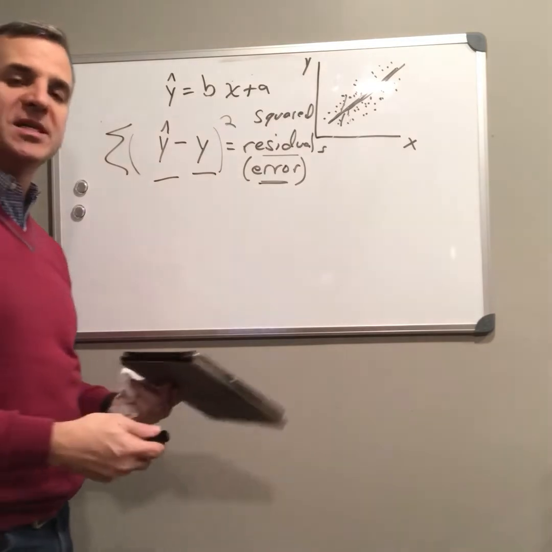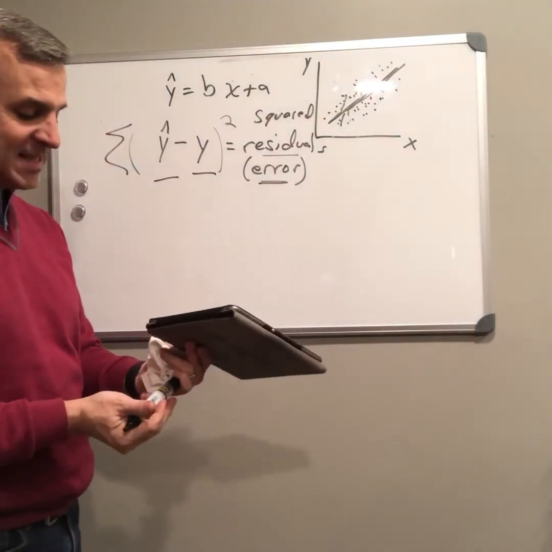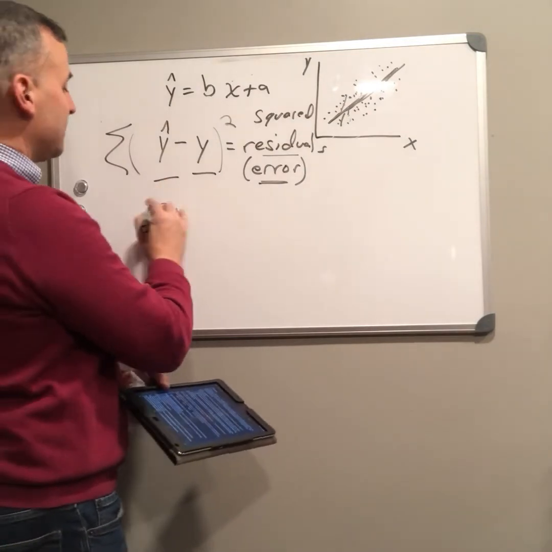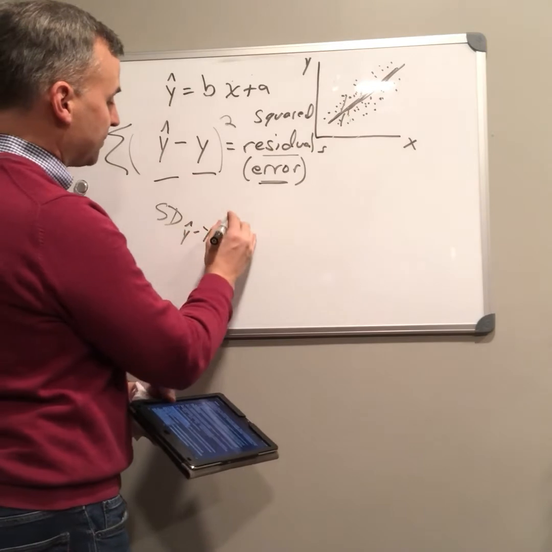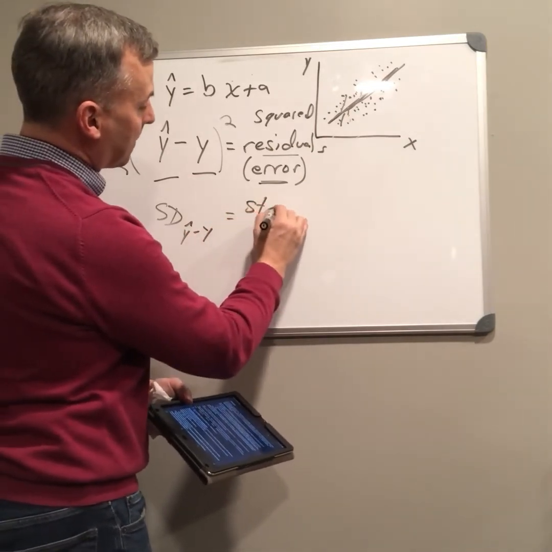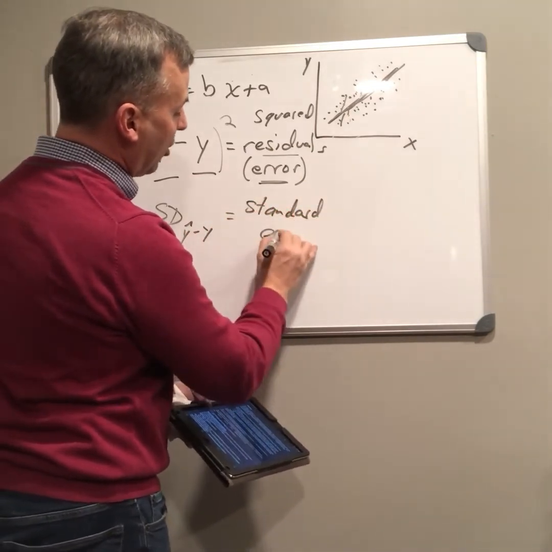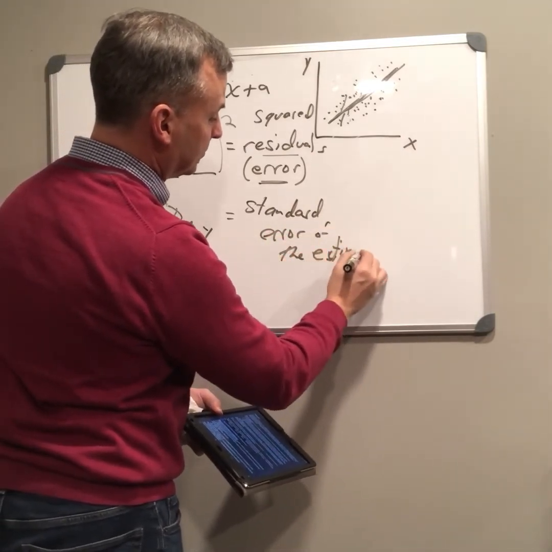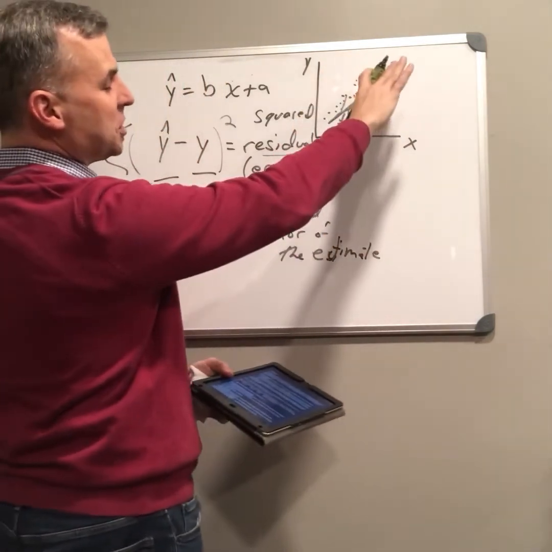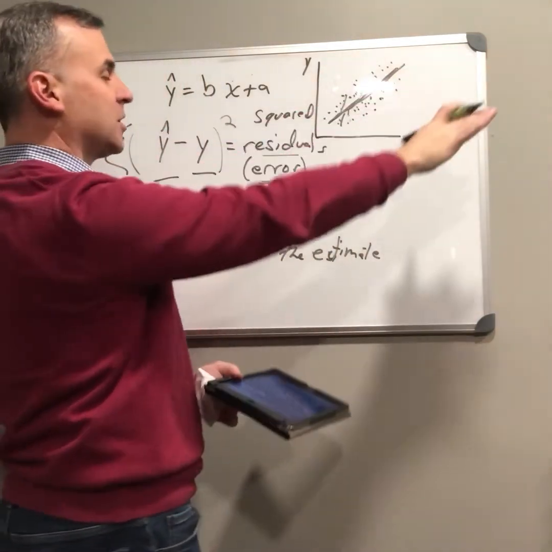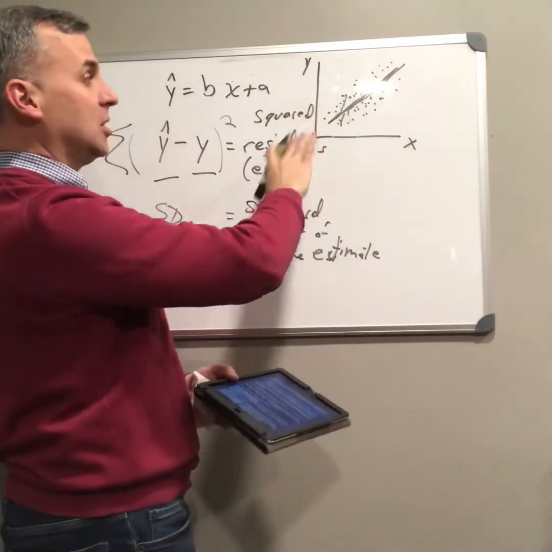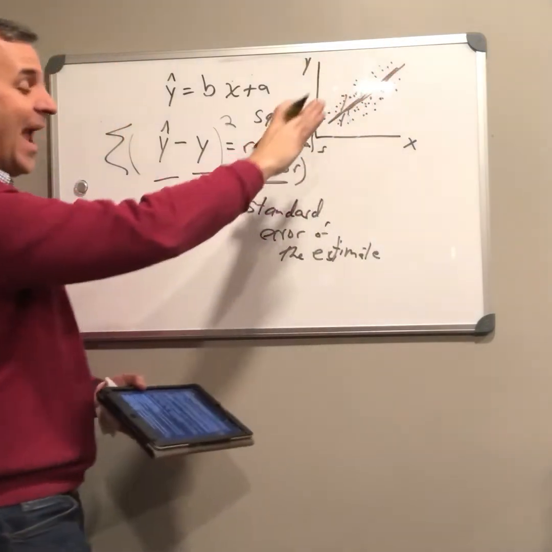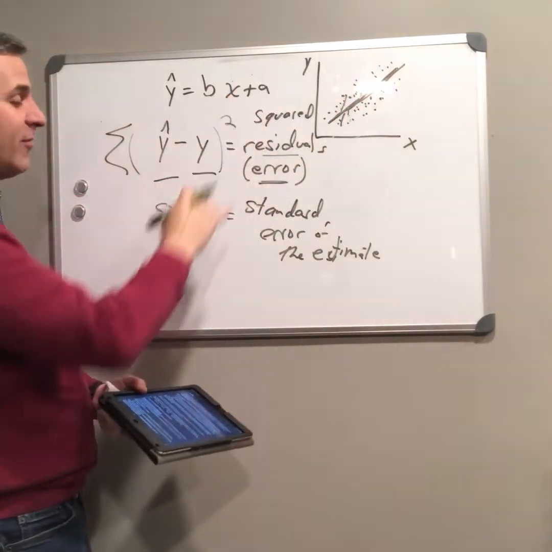And of course, just like when we did difference scores, just like when I did variance, I can take the standard deviation of the residuals. And this is called the standard error of the estimate. Right? So I have all these residuals, and just like any other number, they have some sort of distribution, probably a normal distribution. In fact, that's an underlying assumption here. There's some normal distribution of errors, of these y hat minus y, of our residuals.